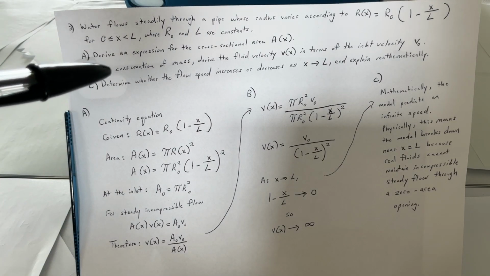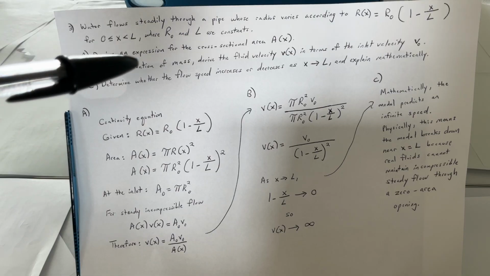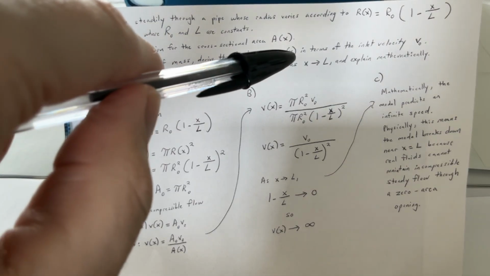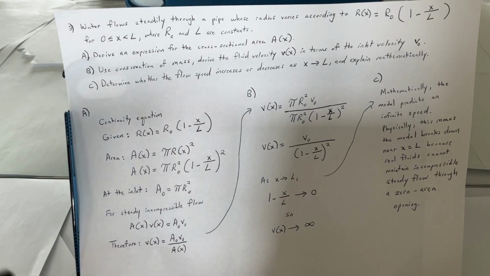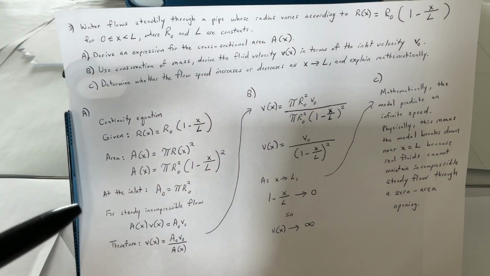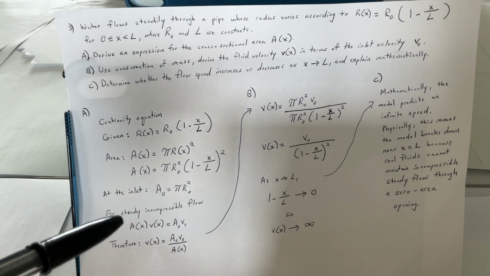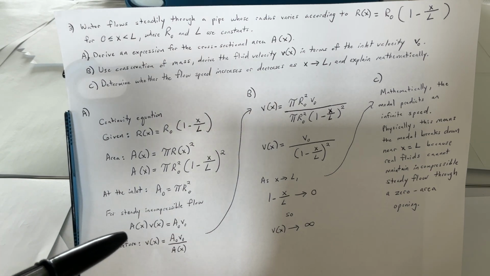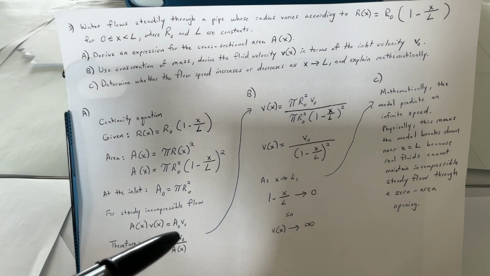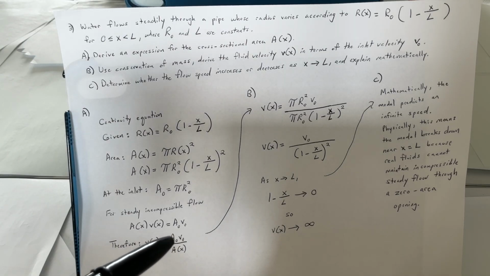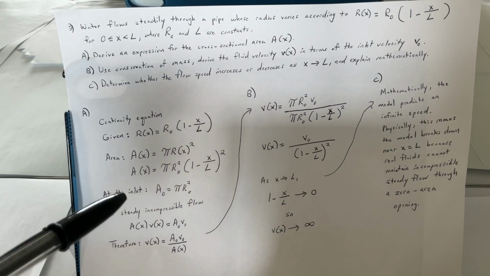For part B, okay, use conservation of mass, derive the fluid velocity v of x. Well, I kept going. My apologies. Let me go back. For the steady incompressible flow, A of x times V of x is A naught times V naught. So therefore, V of x is A naught times V naught over A of x.